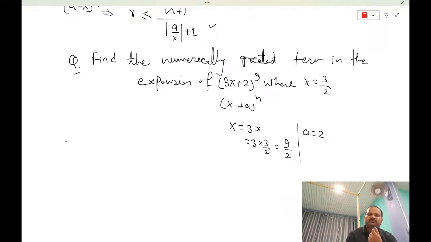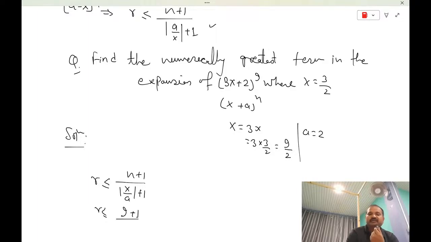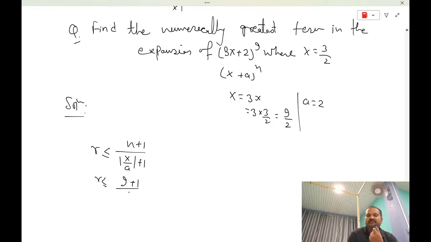So what is the condition for the greatest numerical term? That is, r will be less than or equal to n plus 1 divided by x by a plus 1. So we will put the values, and n is given as 9, so 9 plus 1 divided by x by a, x is 9 by 2 divided by 2, in modulus, plus 1.